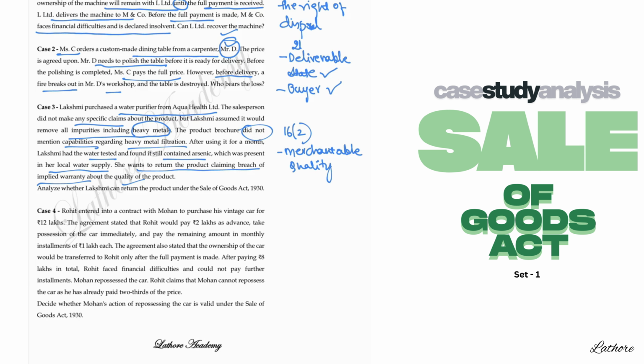So if the buyer relies wholly on the seller's skill and judgment, the seller is liable, no doubt, for the merchantable quality, but for a specific purpose, if the buyer is purchasing, it has to be brought to the notice of the seller. Otherwise, the buyer is responsible for any loss.